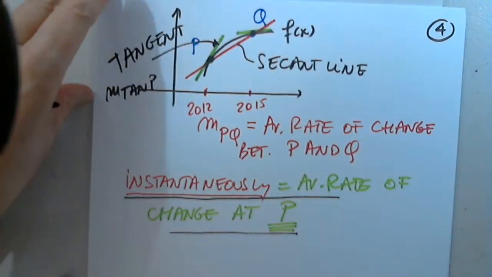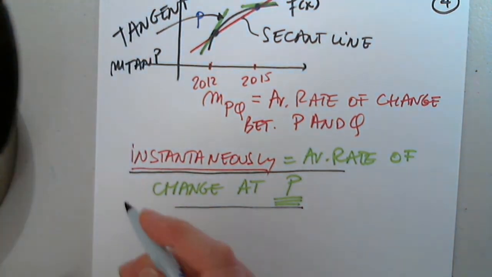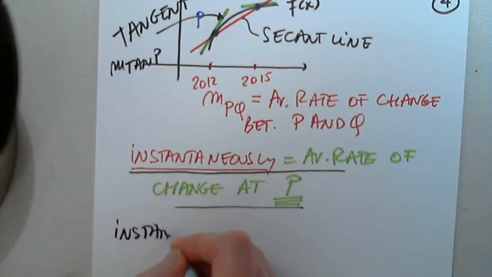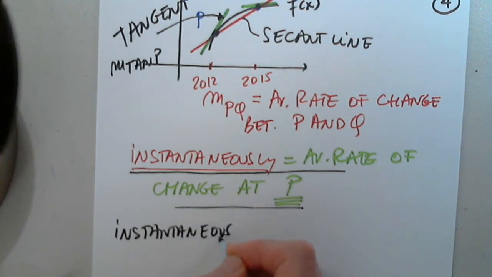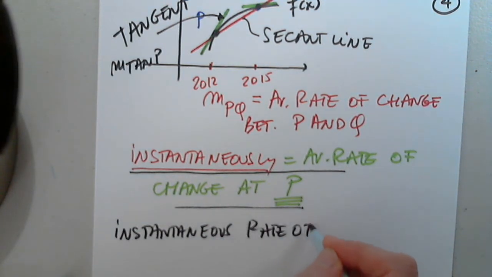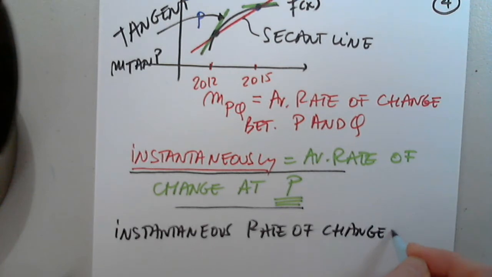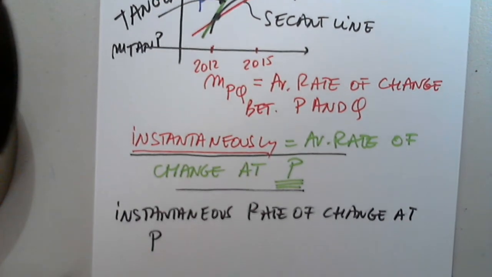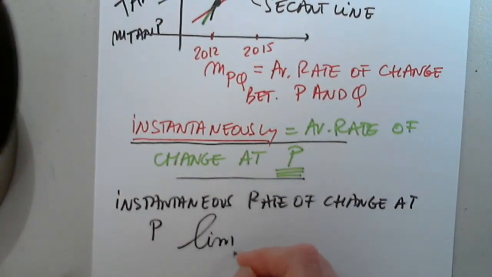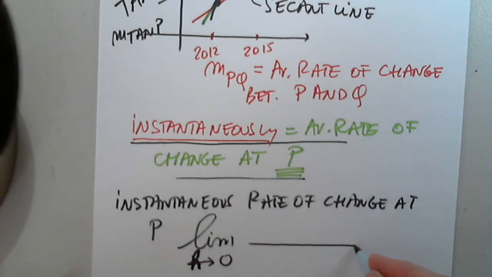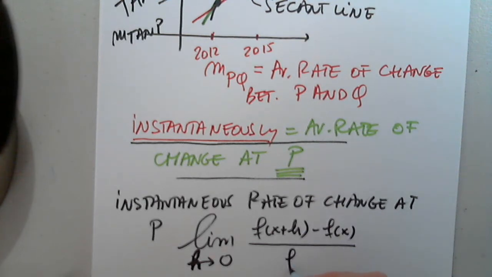So how do we determine that? The instantaneous rate of change at P is the limit as h approaches 0 of the difference quotient, f of x plus h minus f of x, divided by h.